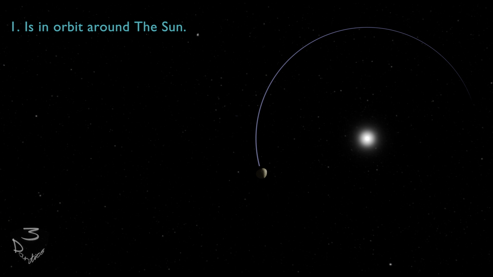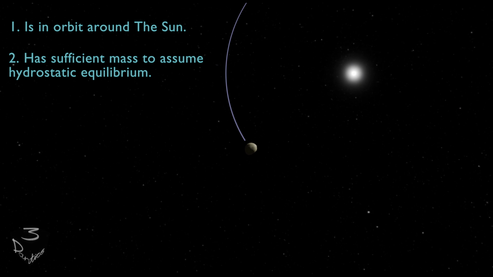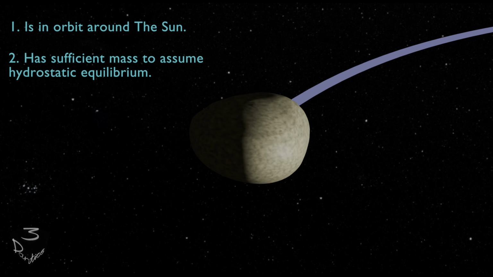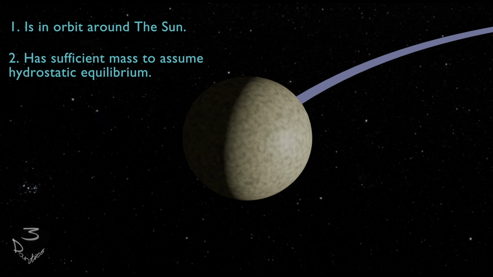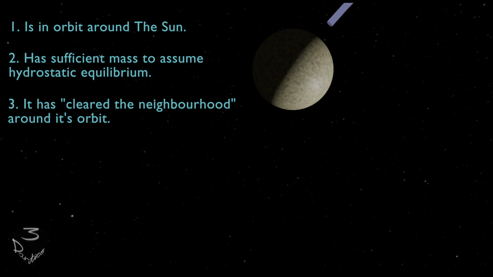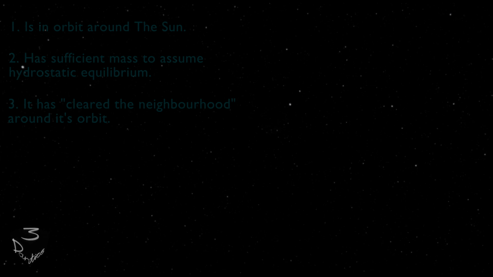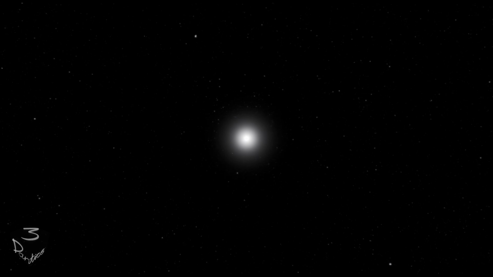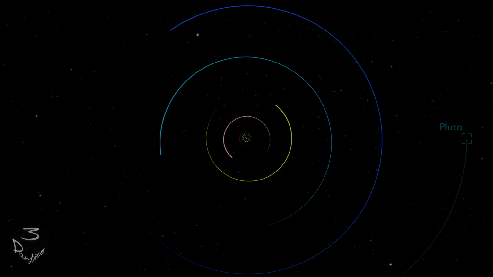So officially, a planet can only be a planet if it is in orbit around the Sun, it has sufficient mass to assume hydrostatic equilibrium, meaning it's big and heavy enough to become round, and it has cleared the neighbourhood around its orbit. Only the main 8 planets have cleared their orbits, so anything else which orbits the Sun and is big and heavy enough to become round is a dwarf planet.